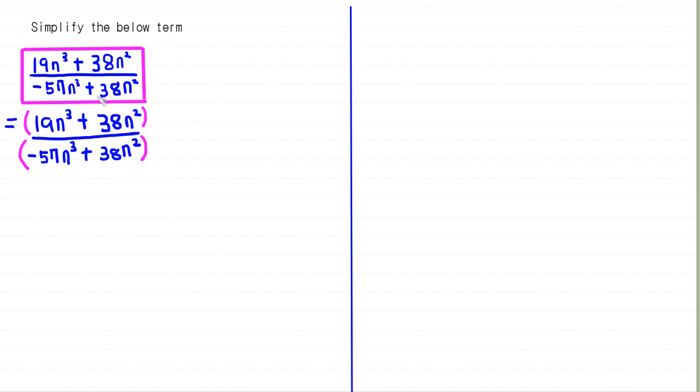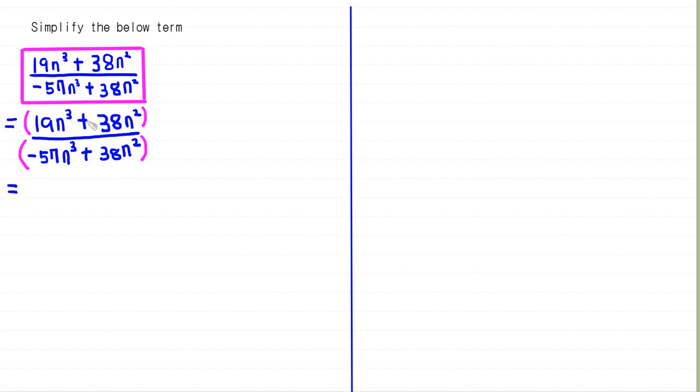So we can simplify this expression by simplifying the numerator and denominator by their common expressions.